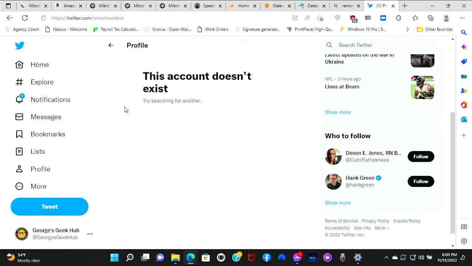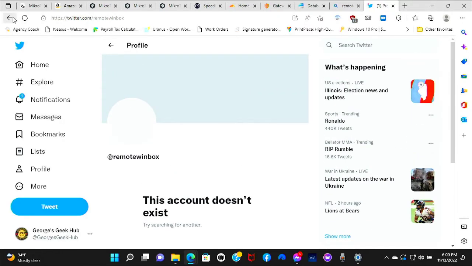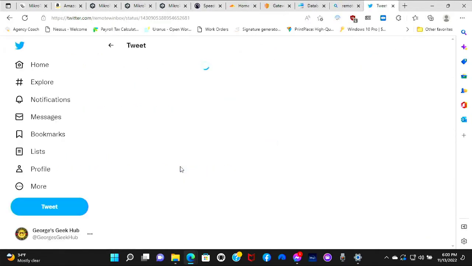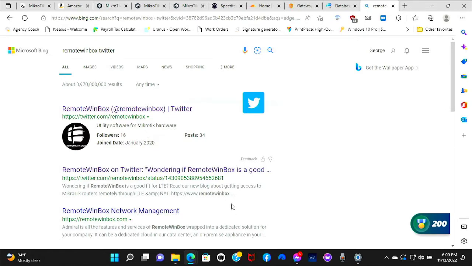And we go here and this account doesn't exist. Unless they blocked me, which is not possible. My account hasn't been around and I've never interacted with them, so there's not a snowball's chance in hell that they would have blocked me because they don't know who I am. But either way, for some reason their web presence is down. I don't know if that's a sign of problems. I'm going to look into it and find out for you.